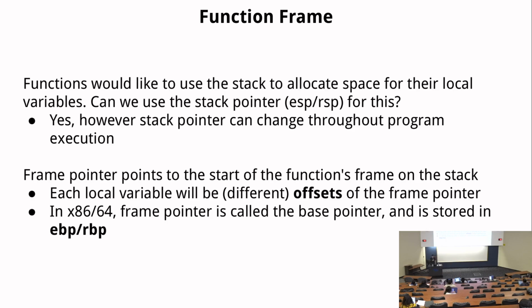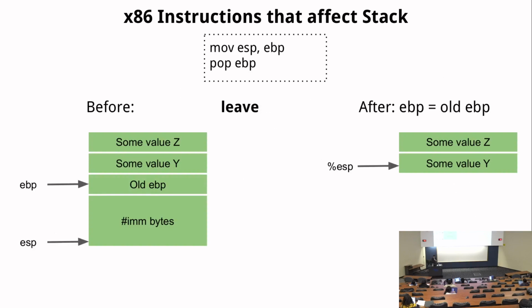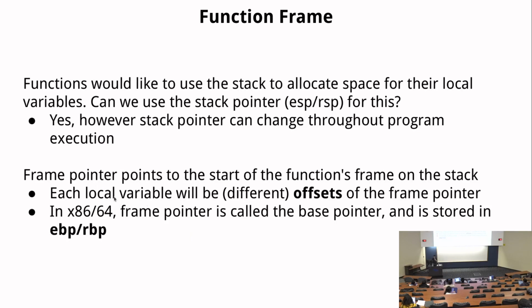In a function, EBP will point to this place, which holds the previous function's EBP. Then the local variables will be under that, right? That's why each local variable will have a different virtual address every time. However, they will have a fixed offset to the frame pointer.